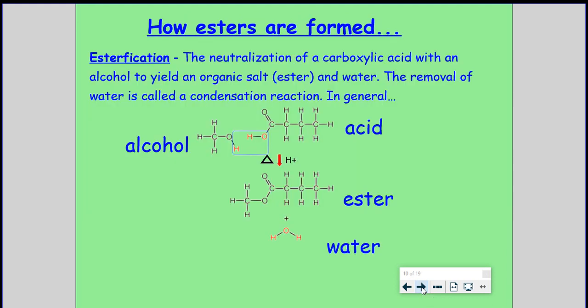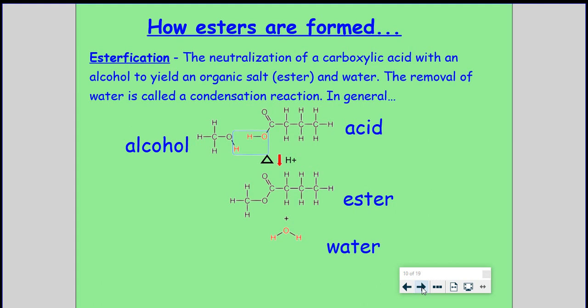Okay, now how esters are formed, and we already have hopefully a pretty good understanding now that it comes from an alcohol component and from an acidic carboxylic acid component. And this reaction, this synthesis reaction, is called esterification. It's also called a type of condensation reaction because as a result of this esterification, we get water as a byproduct.